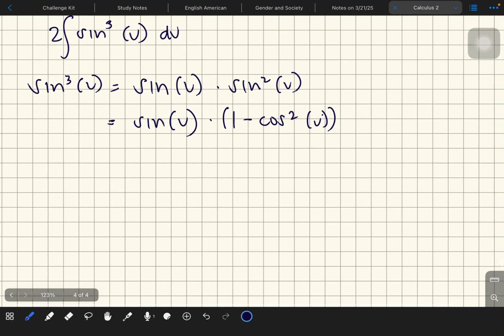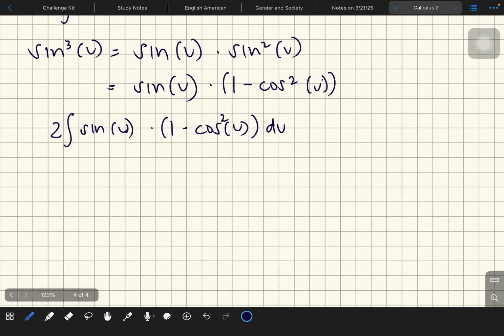So now we can have 2 integral of sine u times 1 minus cosine squared u du.